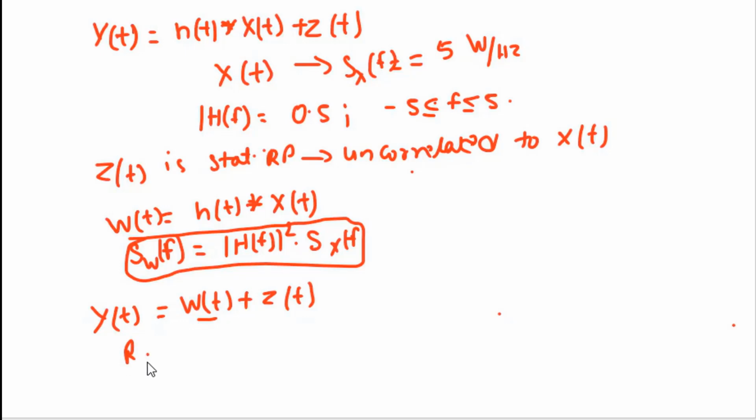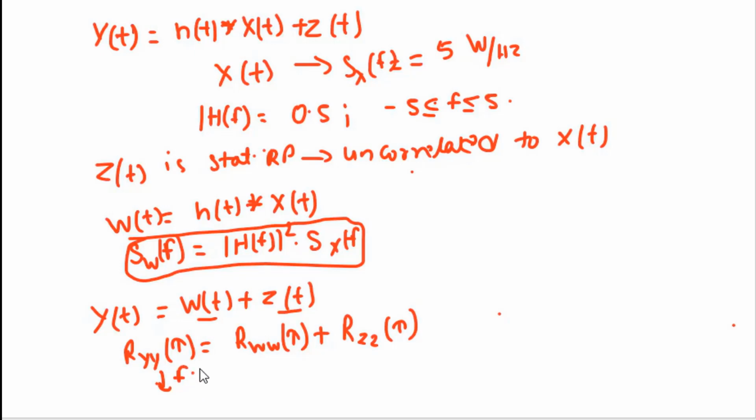So you can write R yy of tau as R ww of tau plus R zz of tau.